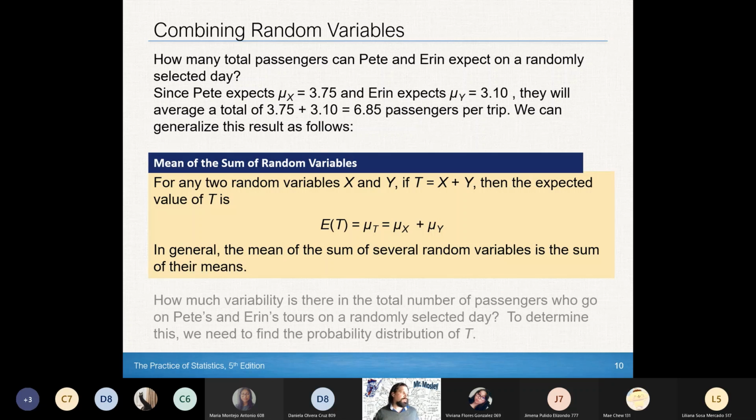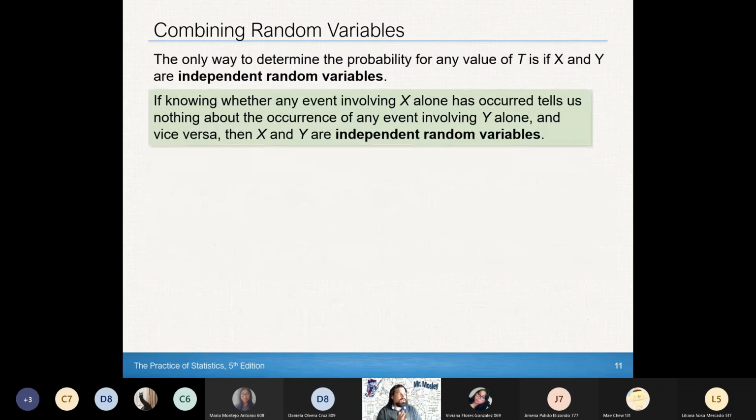How much variability is there in the total number of passengers who go on Pete's and Aaron's tours? So we're now referring to how we do the variance on a randomly selected day. To determine this, we need to find the probability distribution of T. The only way to determine the probability for any value of T is if X and Y are independent random variables.